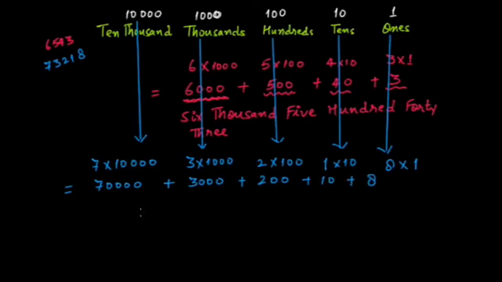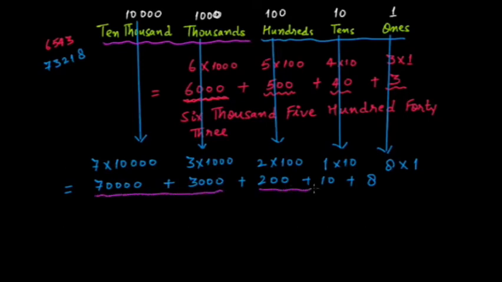Now, as I told you earlier, we group them together. So now see how you will use it. Group them together and group them together. Add this. How much will it come? It will come 73,000.